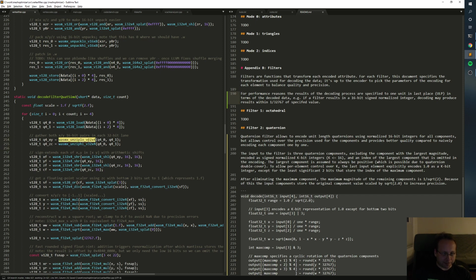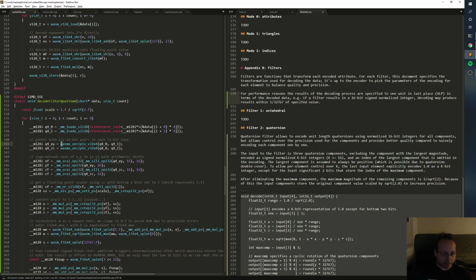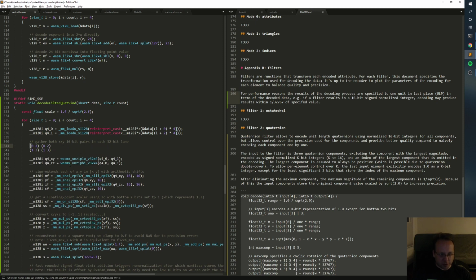But it's painful because we have to, let's load these guys. Do I use them later? No. Let's load them as floats, I guess. And then we will shuffle these guys.